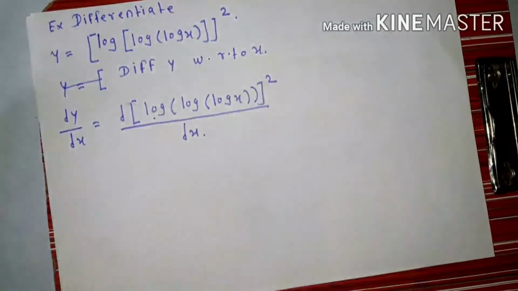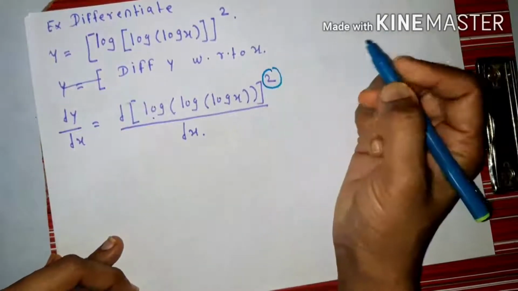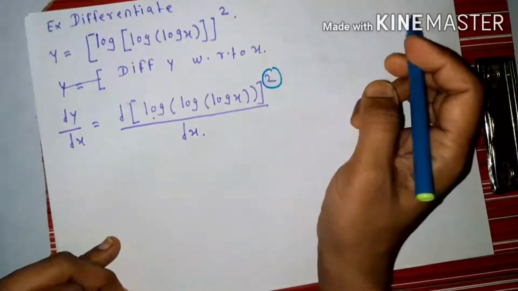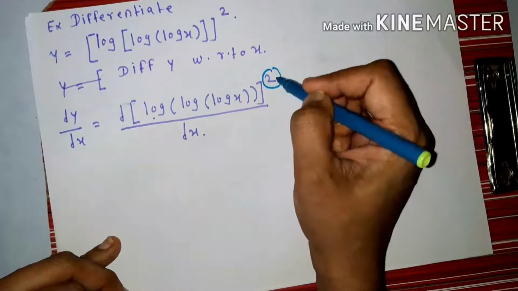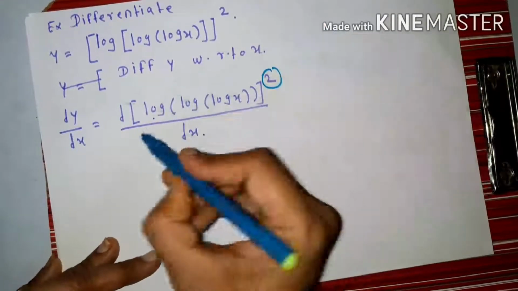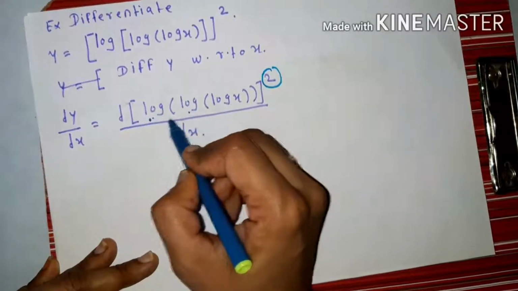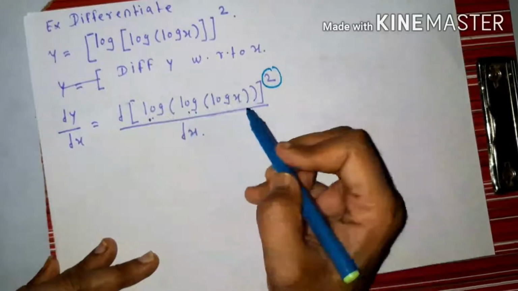Means, very first we will differentiate according to the power function. By using the power function we will differentiate. And then the outermost log, then the immediate log. In this way we will differentiate.